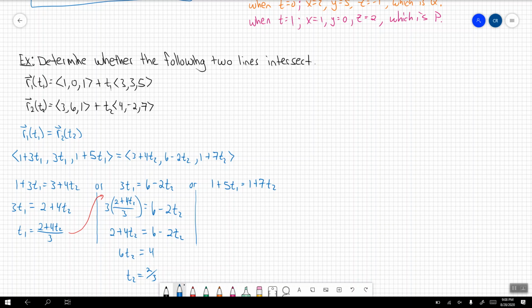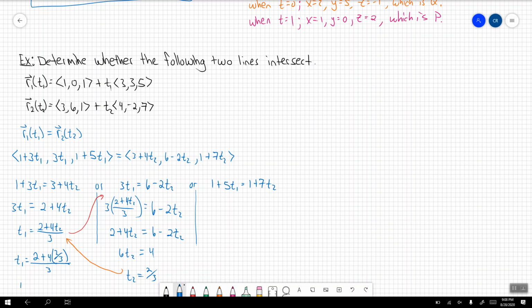That is great. Okay, now that I have this value for t sub 2, I can resubstitute this back into the equation that I initially found for t sub 1. So t sub 1 is equal to 2 plus 4 times 2/3, divided by 3. Okay, great.